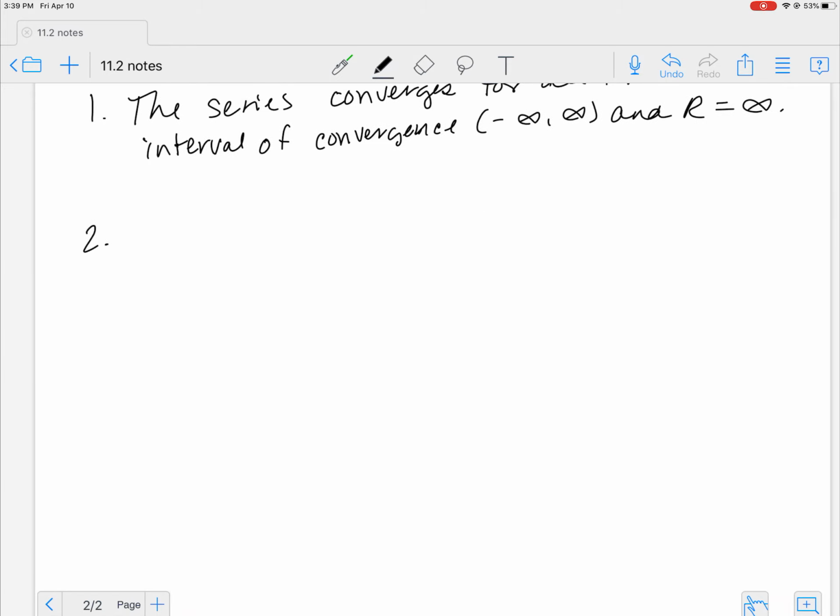That's one scenario. Here's another scenario. It can converge for just a specific amount.